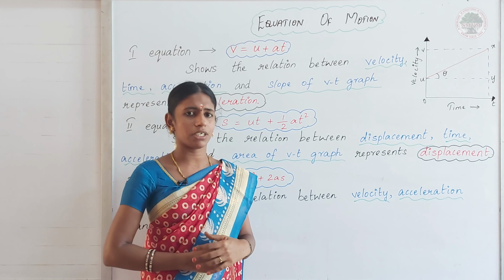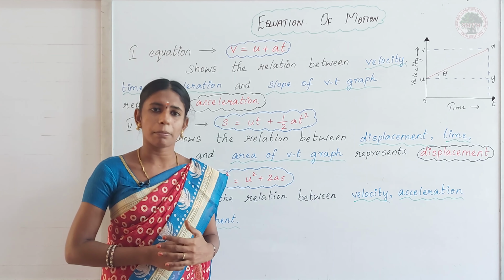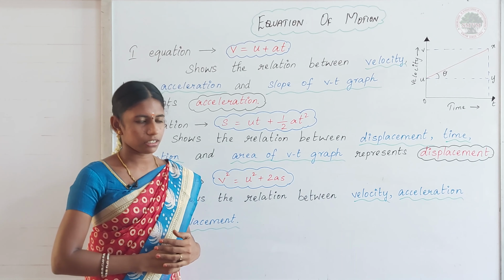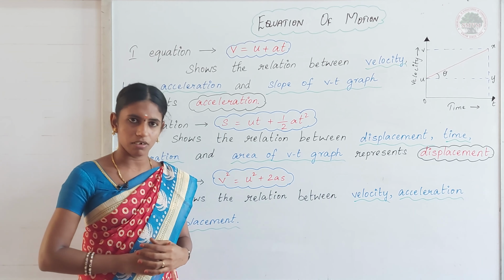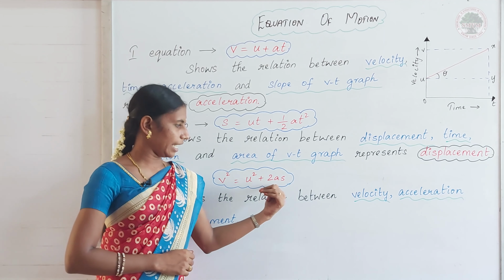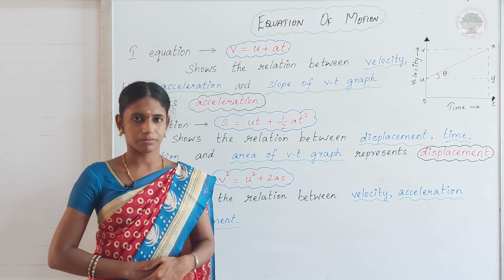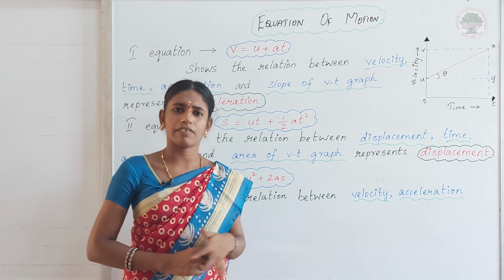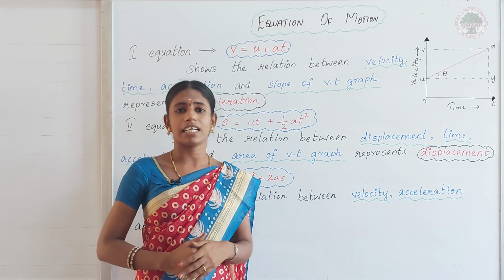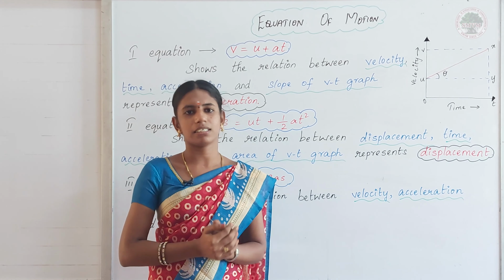Here v represents the final velocity, u represents initial velocity, a acceleration and s the displacement. This third equation of motion gives the relationship between velocity, acceleration and displacement.